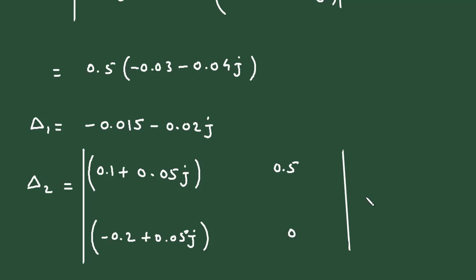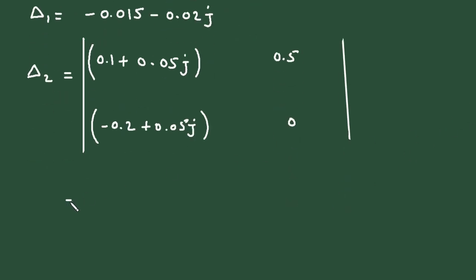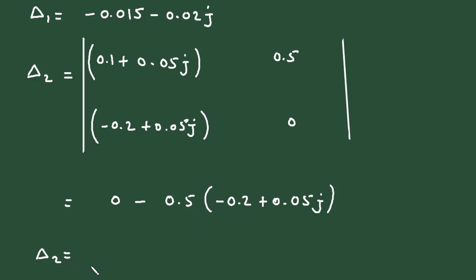Now the determinant of this will be this into this 0, then minus this into this. So simply 0.5 multiplied with minus 0.2 plus 0.05 j is equal to delta 2.